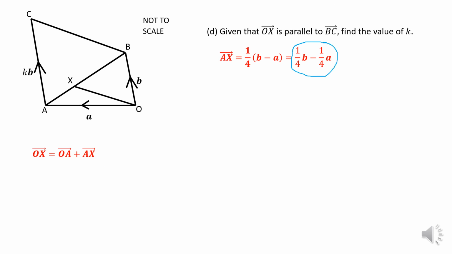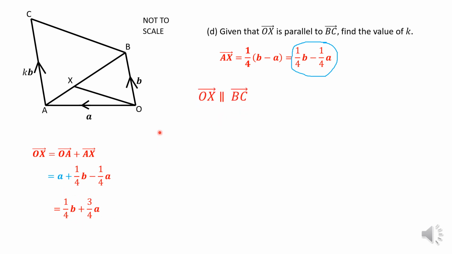Now I also know from the diagram what OA is. OA is A plus that little bit there. So when you clean this up, you're eventually going to get 1A minus 1/4 A, which is 3/4 A. And then the other one remains 1/4 B. So this is how you find OX.